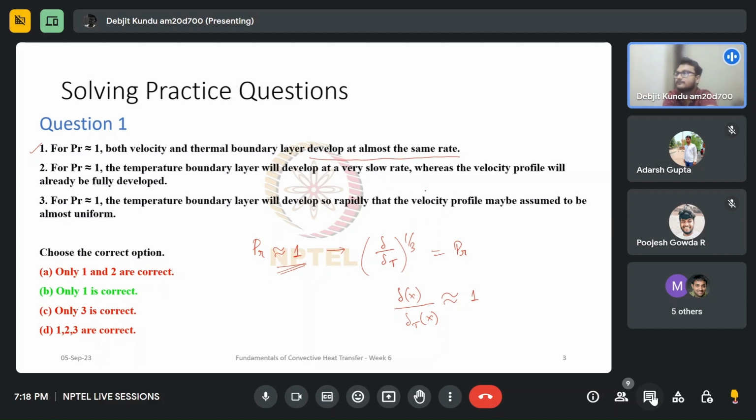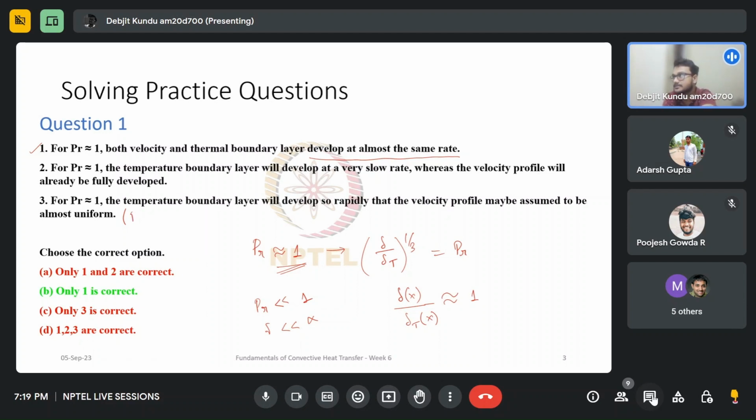Now, if let's say Prandtl number was much less than 1, meaning that alpha was much greater than nu, then that would mean that the thermal boundary layer would grow much more rapidly than the hydrodynamic boundary layer, which means the flow will be thermally developed before it is hydrodynamically developed.